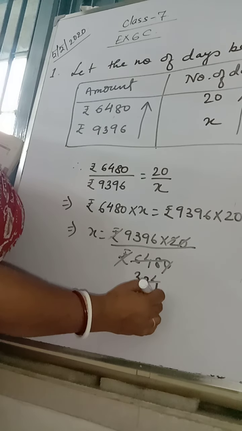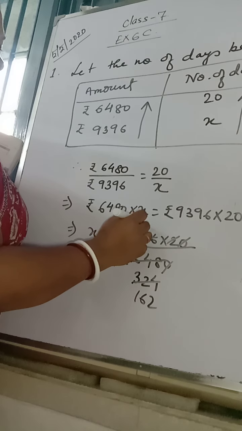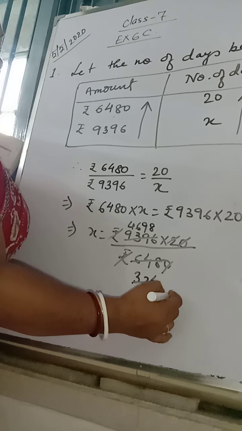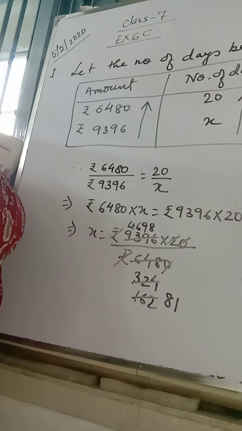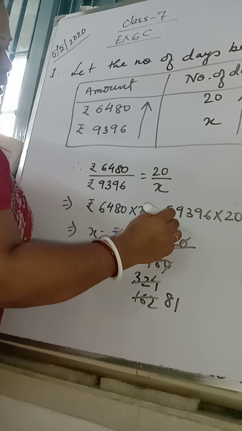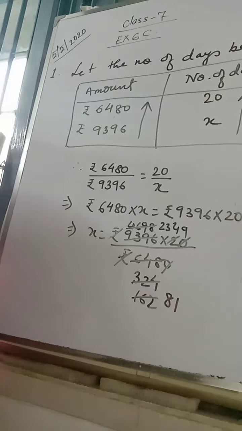2 16s are 2 2s are 2 4s are 8, 2 6s are 12, 2 9s are 18, 2 8s are 16. Now 2 81s are 2 2s are 4, 2 3s are 6, 2 4s are 8, 2 9s are 18.